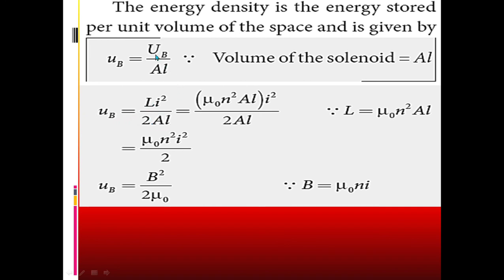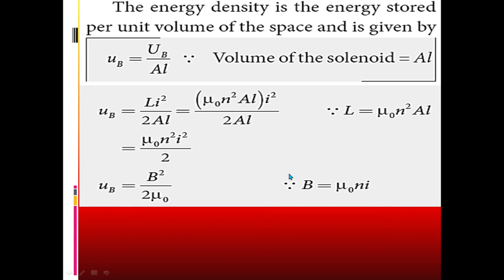Here L is nothing but mu naught n square AL. Substituting the value of L, mu naught n square AL into I square divided by 2AL. AL cancels, the remaining term is mu naught n square I square divided by 2.